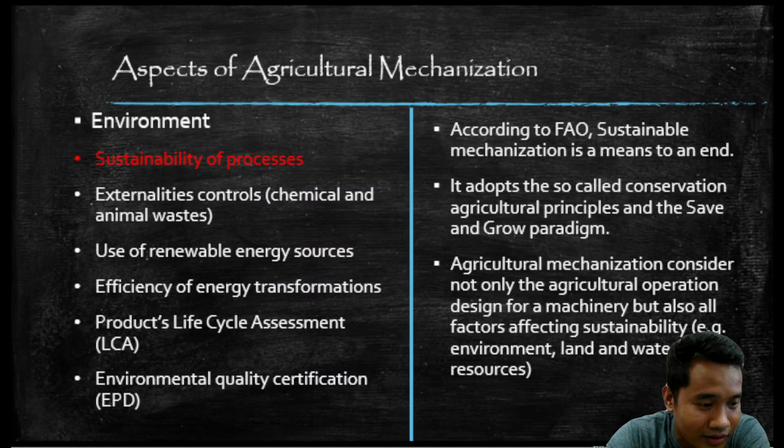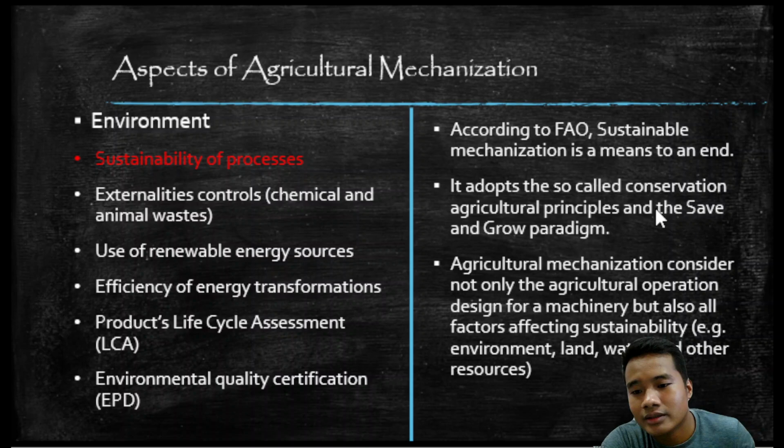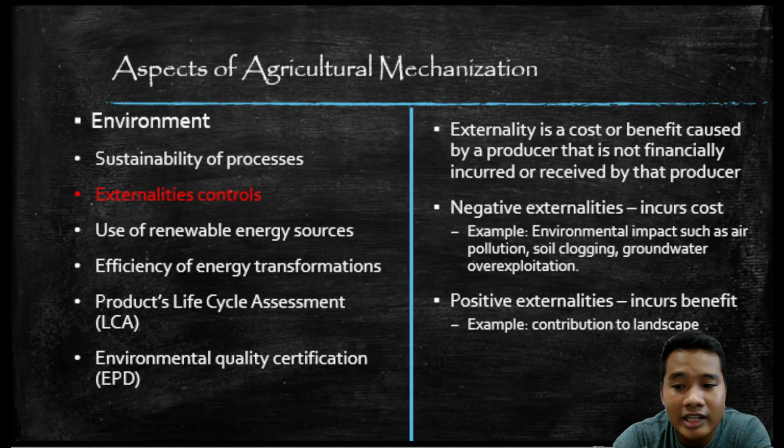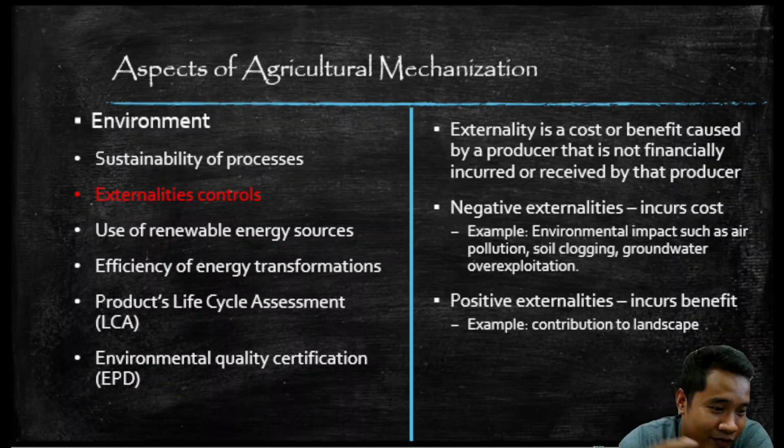Okay. Externalities control. Externality is a cost or benefit caused by a producer that is not financially incurred or received by the producer. It cannot be noted. It cannot be observed. It cannot be measured.